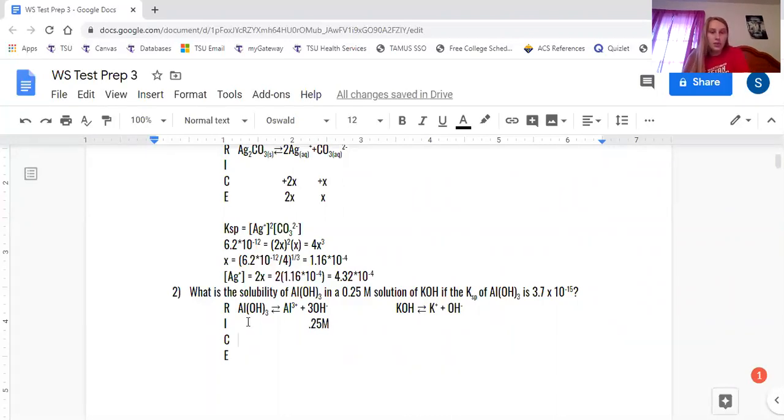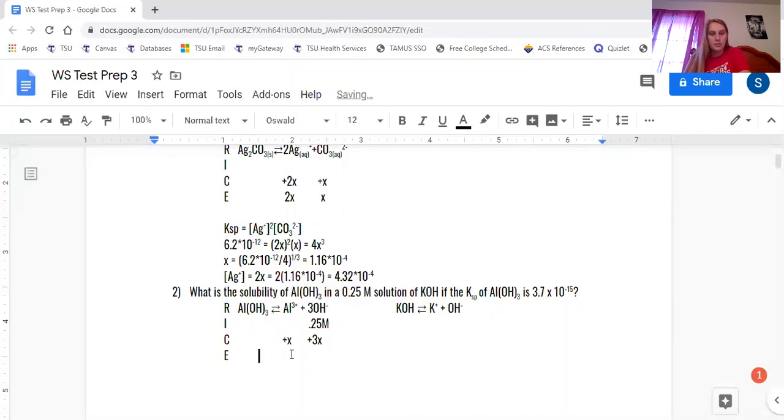Then our change, we know from looking at this, obviously we're going to have to get rid of this because this is what we're starting with. And so 1 mole to 1 mole ratio, so this is going to be plus X. And this over here is going to be plus 3X because of this coefficient of 3 out front there. So plus 3X.